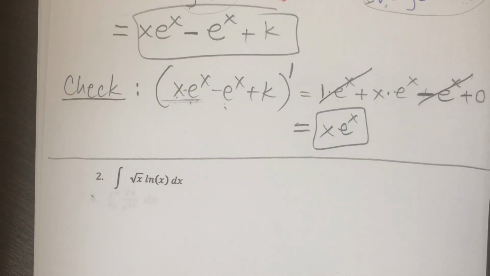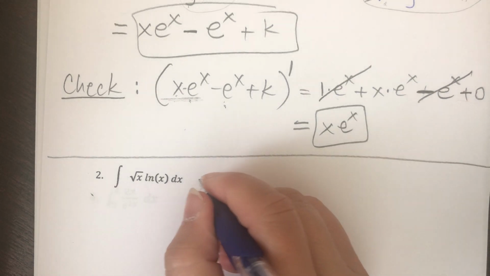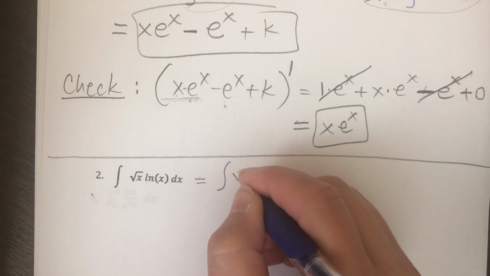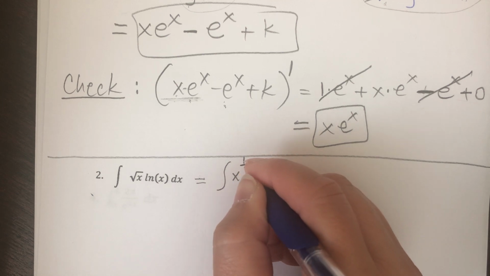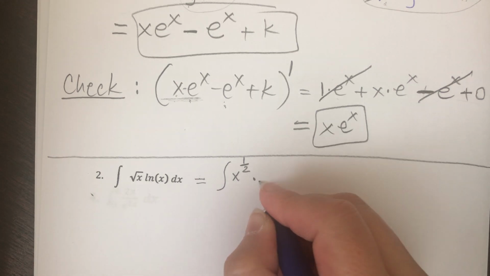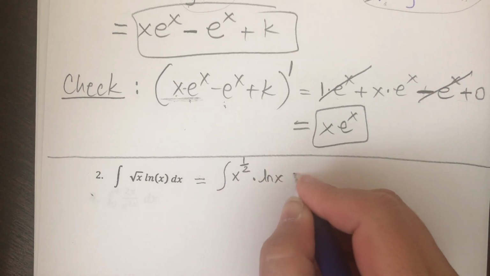So the secret will lie in who do you make a u and who do you make dv. So in other words, between these two factors, which I'm going to rewrite for you because of that square root, so I have an x to the 1/2 and I have an ln of x.